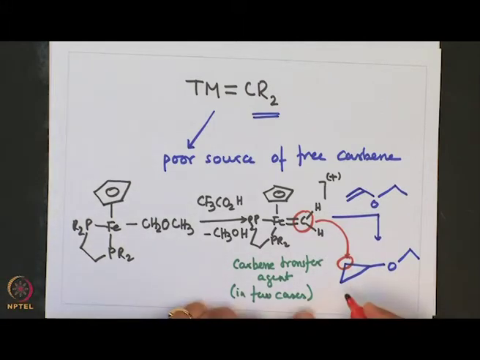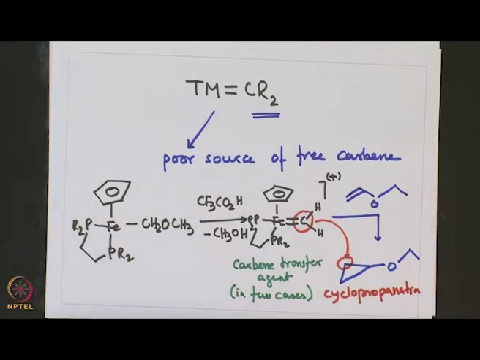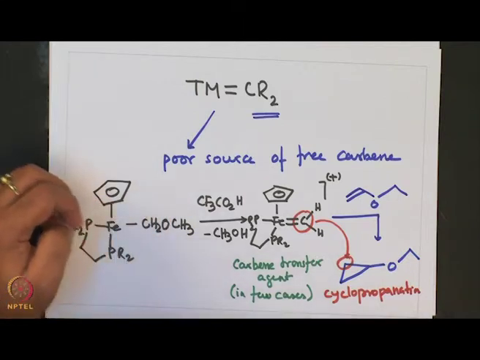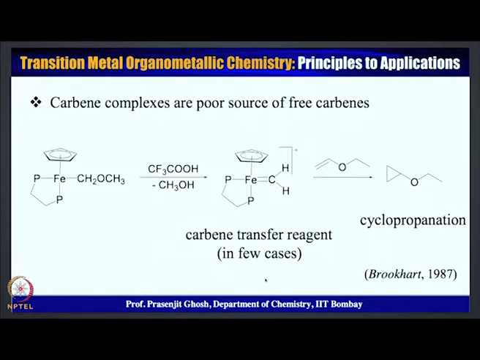So, this was one of the few examples of carbene transfer reactions which transition metal carbene complexes exhibit. I must say that these reactions are not very common though, and only in certain specific cases do these carbene transfer chemistries work very nicely.